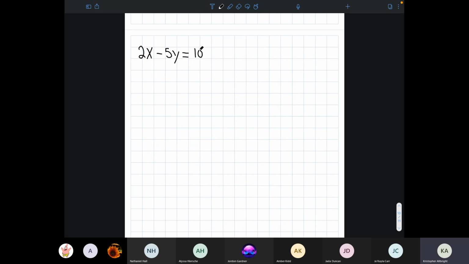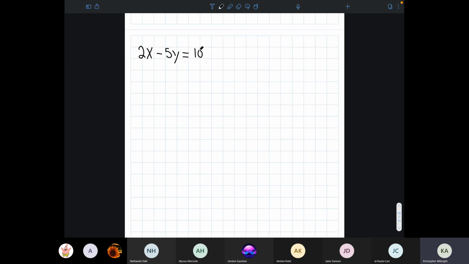So there is a way that we can get the slope straight out of this. But to make it simpler for you guys, we're going to work in slope-intercept form. So this is standard form, and you can get the slope out of standard form. But we're going to get it in slope-intercept form just so it looks the same every single time.